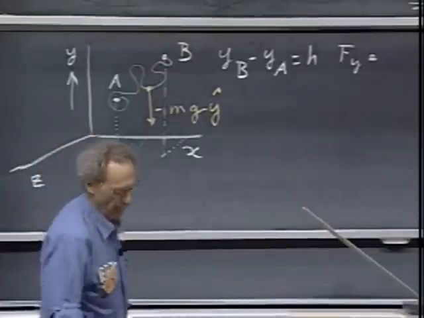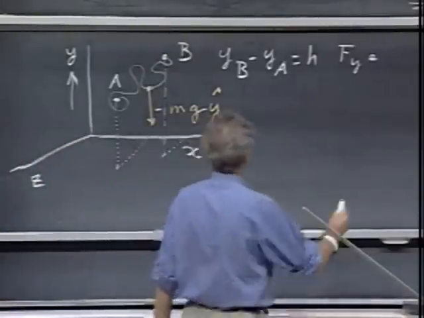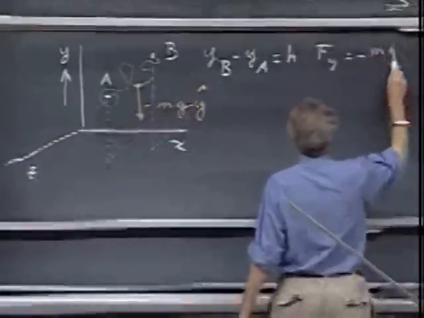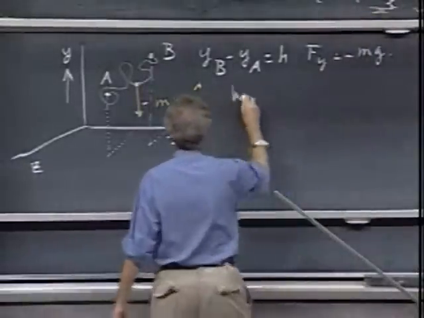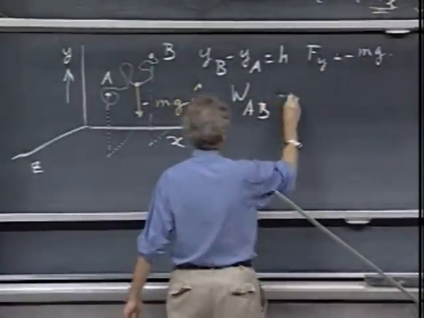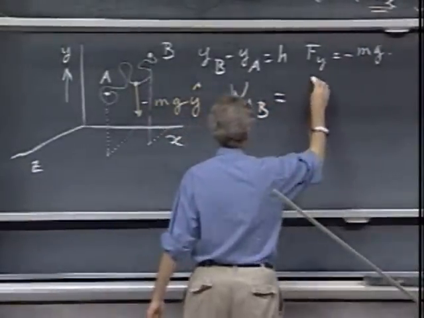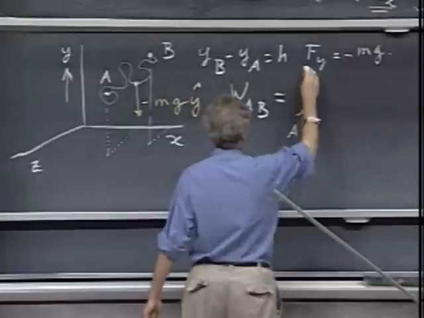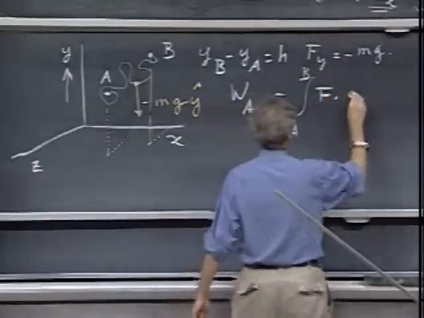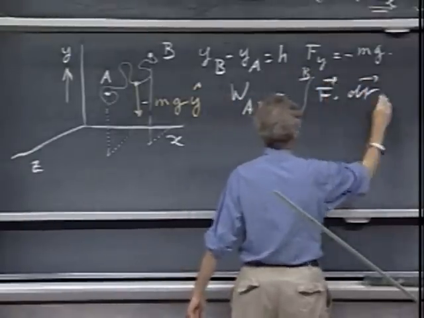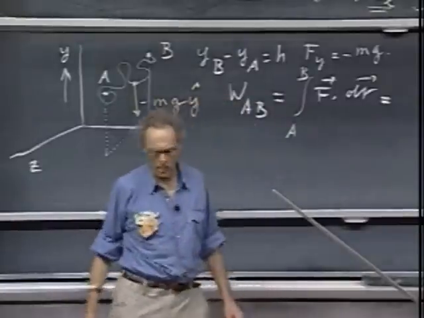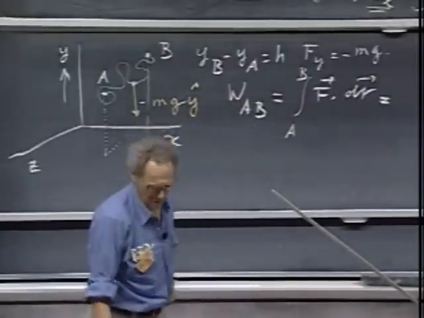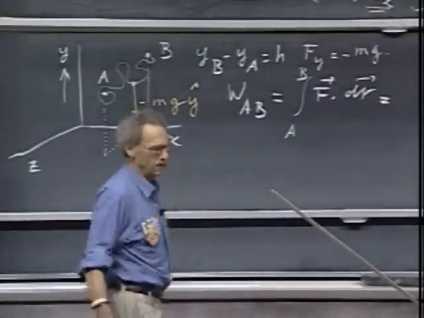They are 0. And so f of y equals minus mg. So if I calculate now the work in going from A to B, which is the integral from A to B of F dot dr, then the only term that I have is the one that deals with the y direction. The other terms have nothing in them.